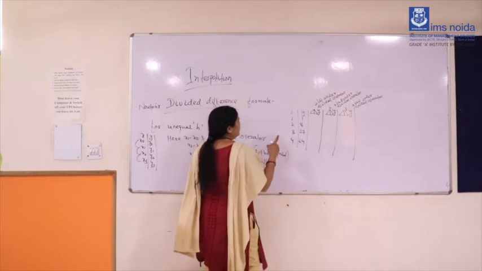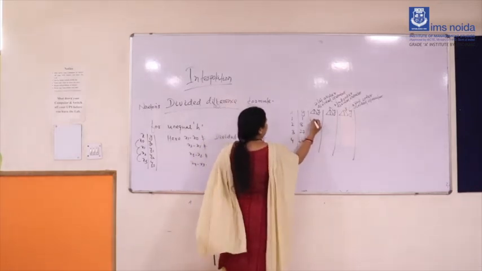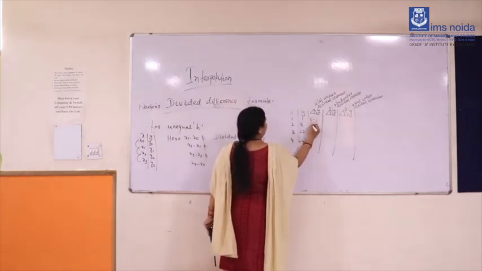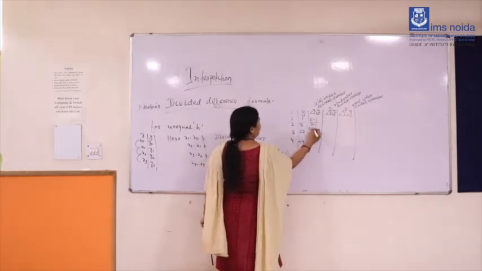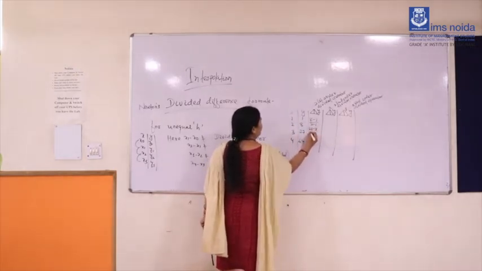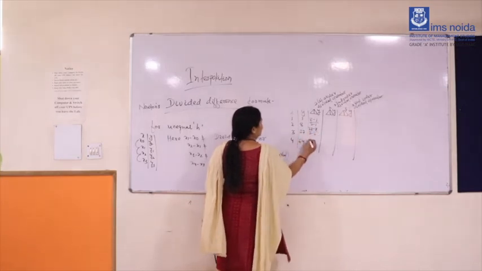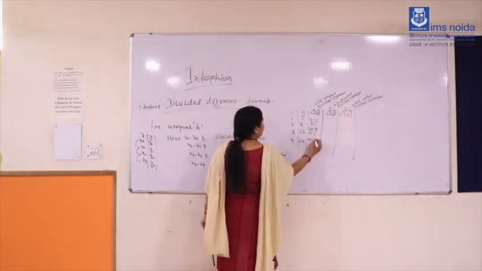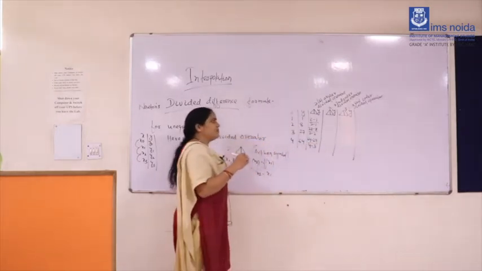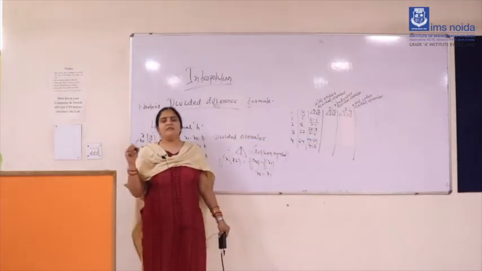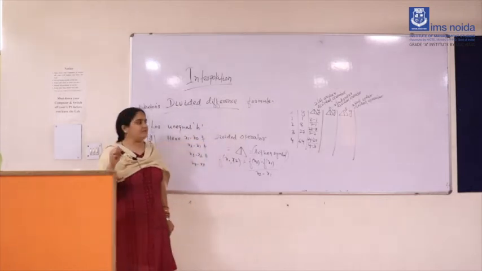For the first order, you find 8 minus 1 divided by 2 minus 1, then 27 minus 8 divided by 3 minus 2, then 64 minus 27 divided by 4 minus 3. This is your divided operator formula.